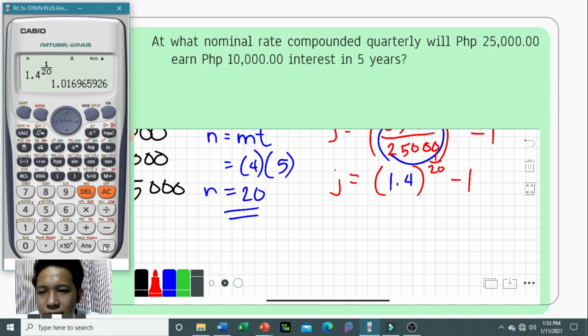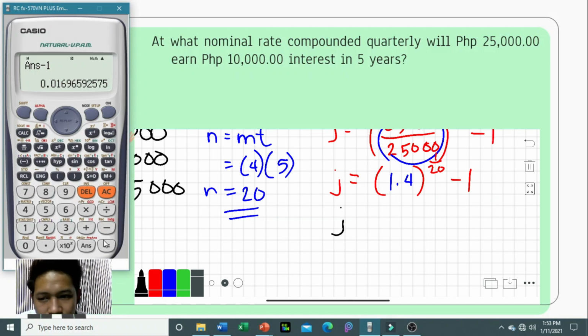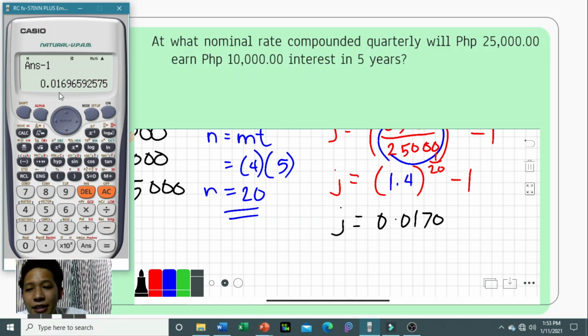So, that is 1.016965926 at ima-minus natin siya kay 1. And that will yield the value of J, which is equivalent to 0.0170 kapag ni-round off natin siya to the nearest ten-thousandth. Okay po? So that will be 0.0170. That would be the value of J, but we are looking for the nominal rate.